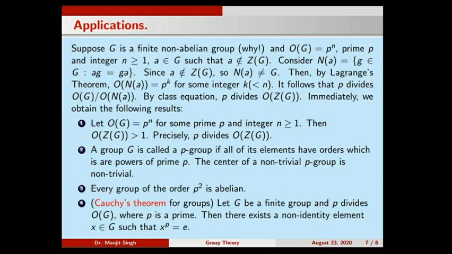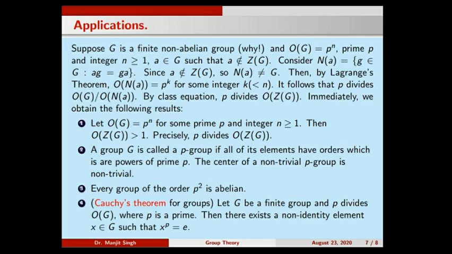It means that the center contains at least p elements. We have proved that p divides the order of the center of the group. Sometimes this property is known as the non-trivial property of the center. If order of G is p raised to power n, then it has a non-trivial center. It is a very interesting property.